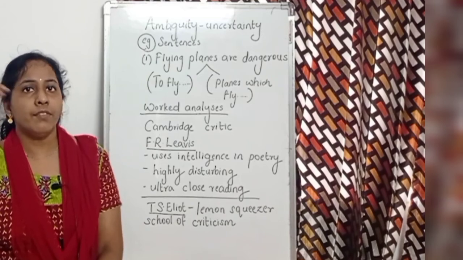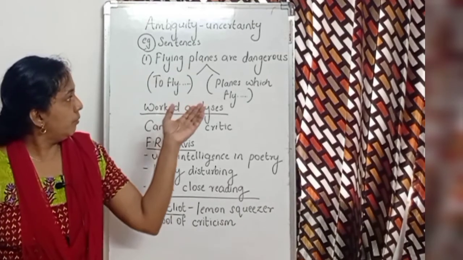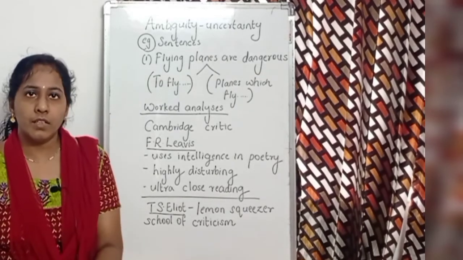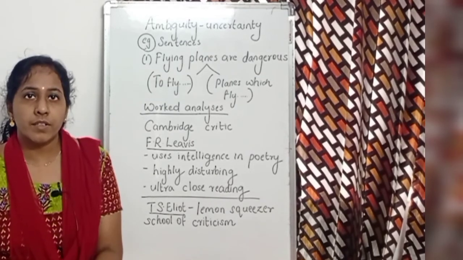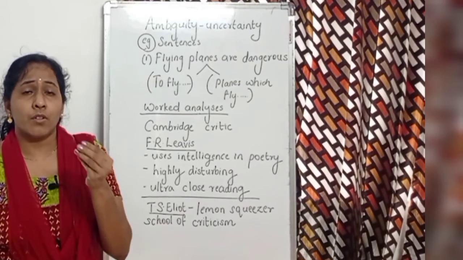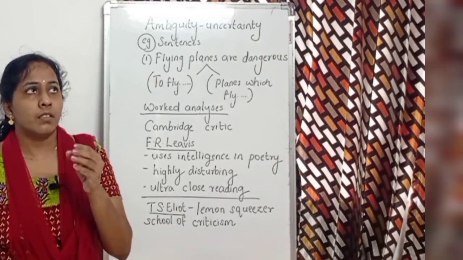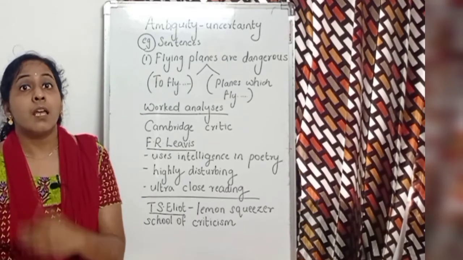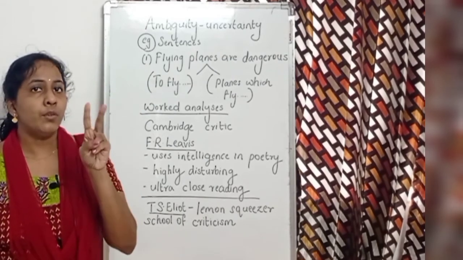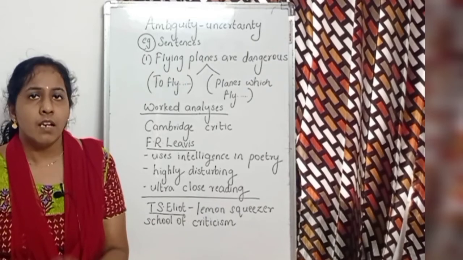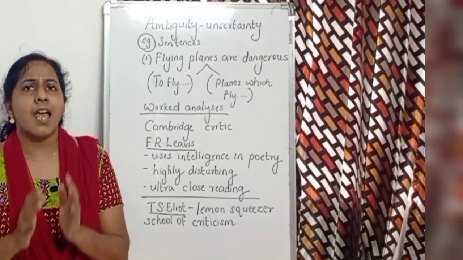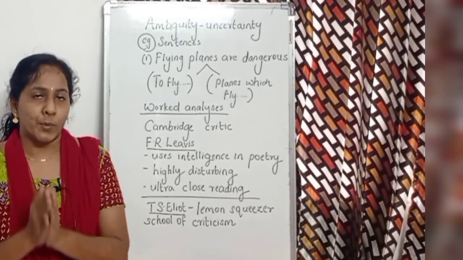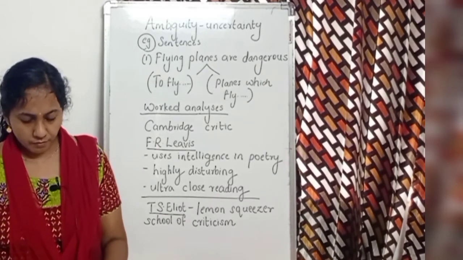They may fall down, may be harmful to children, or might not have control. So there are two meanings that I can interpret. So the meaning is doubtful, it is ambiguous, it is an ambiguous sentence. So that is ambiguity. I hope it is clear.